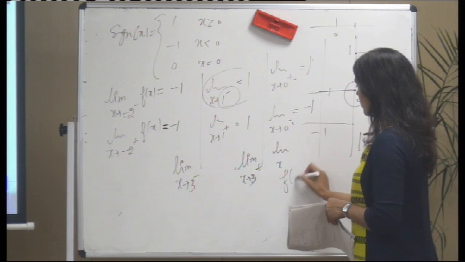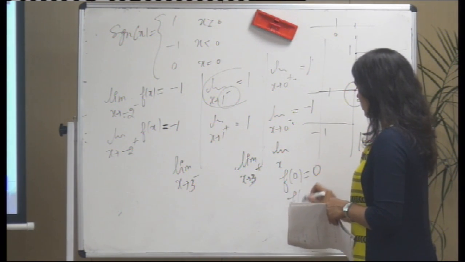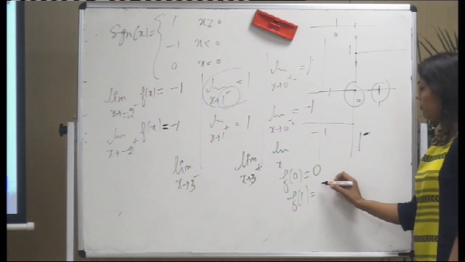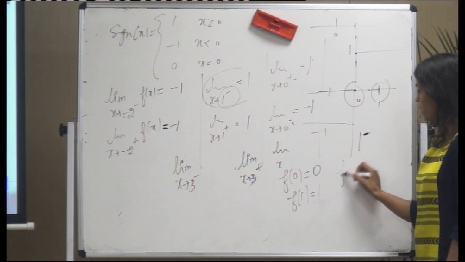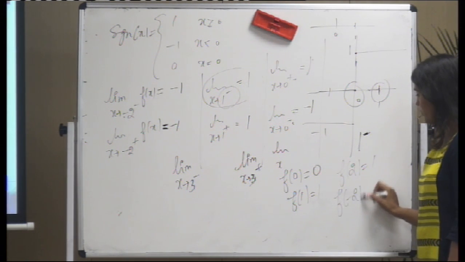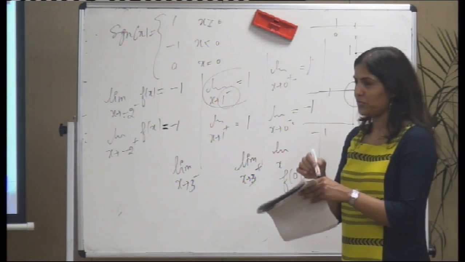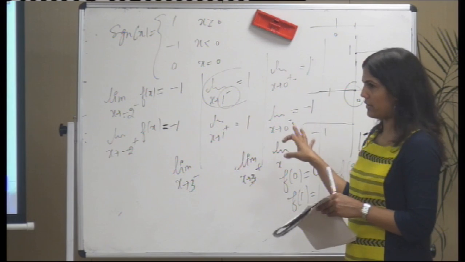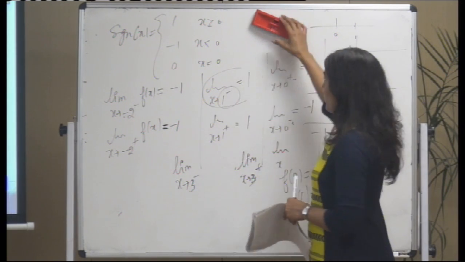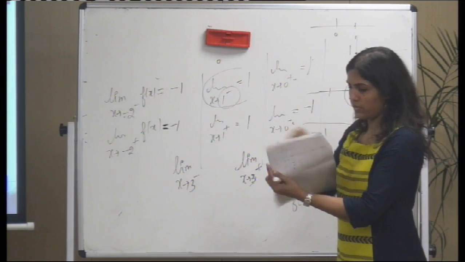F0 is how much? F1 is how much? F1 is? F2 is? F of minus 2 is minus 1. I hope you got to know. Is it clear now? You will take care? Because this is a simple one actually.